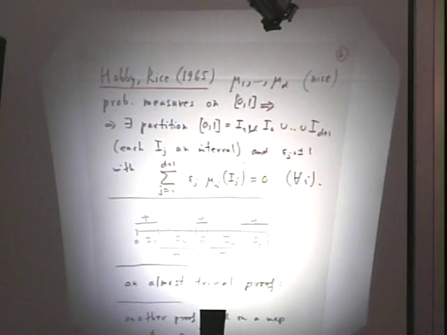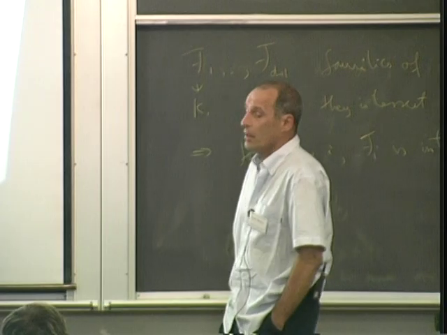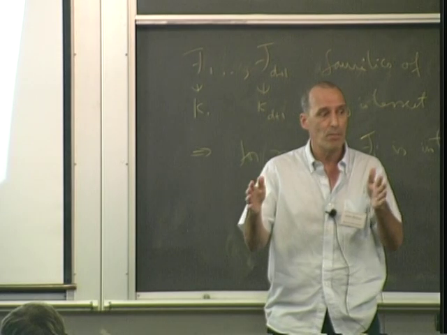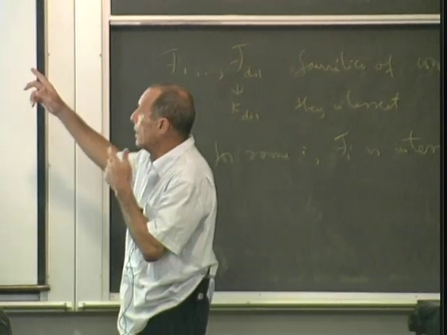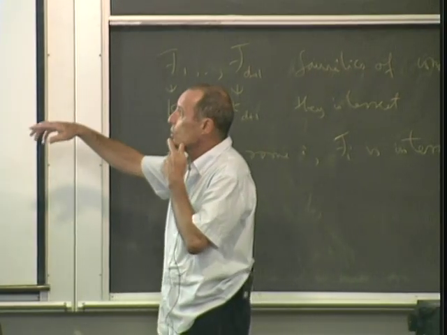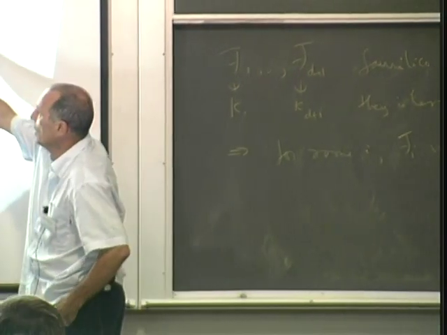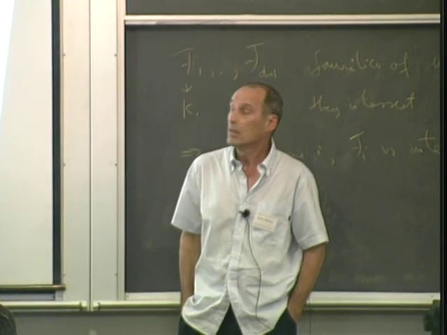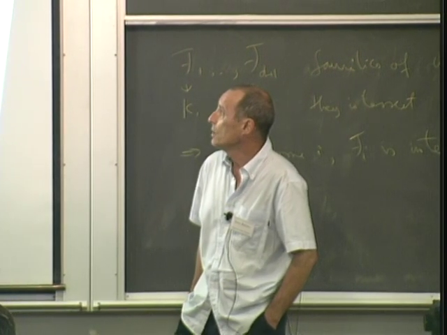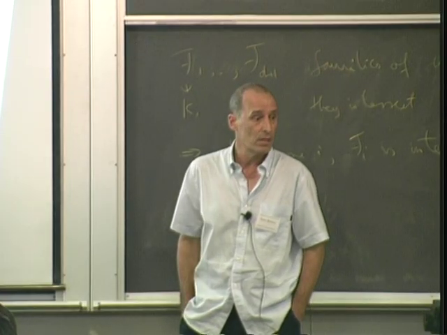Given d probability measures on [0,1], you can partition [0,1] into d plus 1 intervals and choose signs epsilon j, plus or minus 1, so that the sum over j from 1 to d plus 1 of epsilon j times mu i of I j is always 0 for every single i.